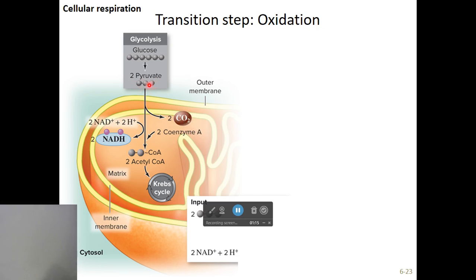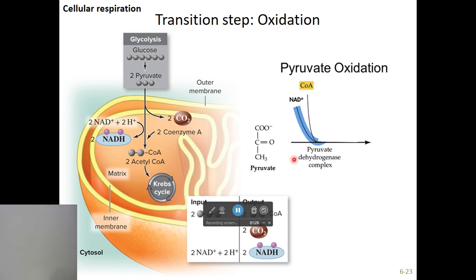And remember, although that molecule has 3 carbons, the actual formula of pyruvate is a little more complex. It has 1, 2, 3 carbons, but it also has oxygens and hydrogens, right? And so that molecule of pyruvate will get transformed.